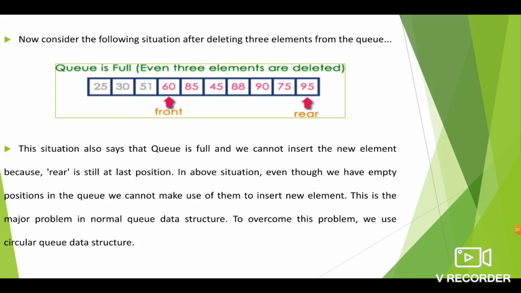So since this is a normal queue, if I want to insert one more element into the queue, I cannot perform the insertion operation. It still says that the queue is full even though I am having 3 free spaces in the queue. Okay, insertion is not possible in the normal queue. So that is the drawback of normal queue data structure.